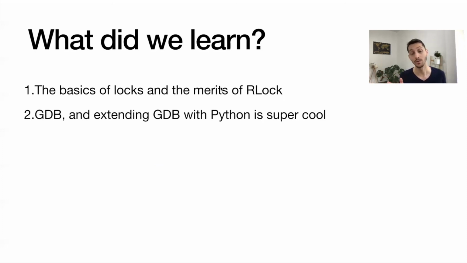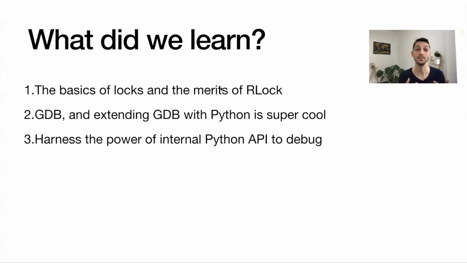We also learned that we can create our own custom commands for GDB with Python and create our own scripts, to get better debugging tools and really use the internal Python API, which is crazy. For example, understanding who has the GIL right now.